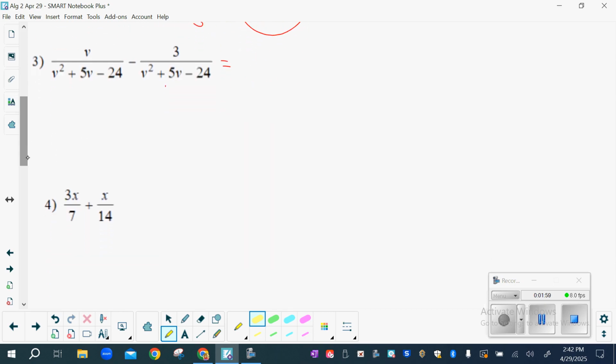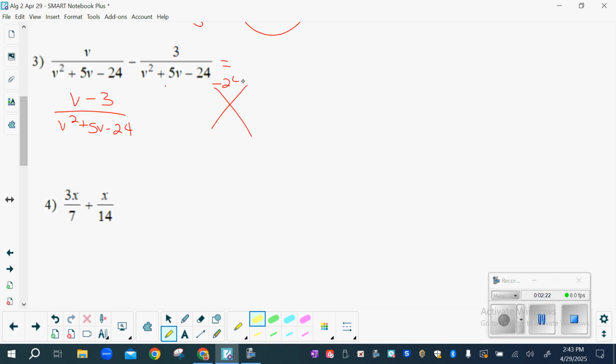But yeah, just v minus 3 over v squared plus 5v minus 24. And so now to see if we can cancel, we want to factor. So as you said, Carolyn, we want to do the x.